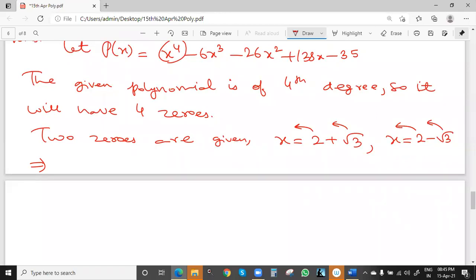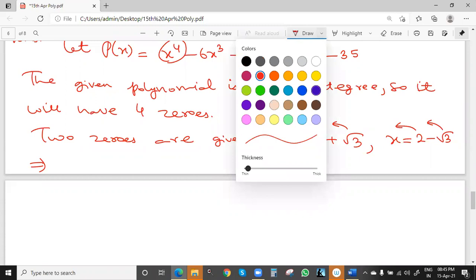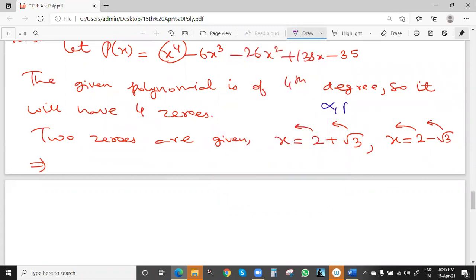See, here we now have 4 zeros. 4 zeros means we can say alpha, beta, gamma, delta. These will be the 4 zeros. Delta is the symbol for the fourth one. In different books they use different symbols.